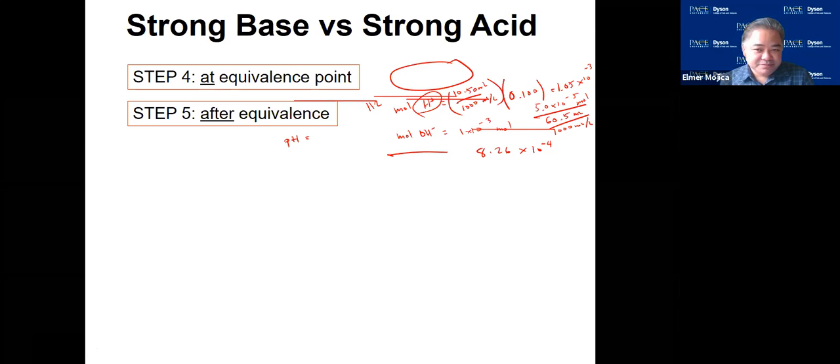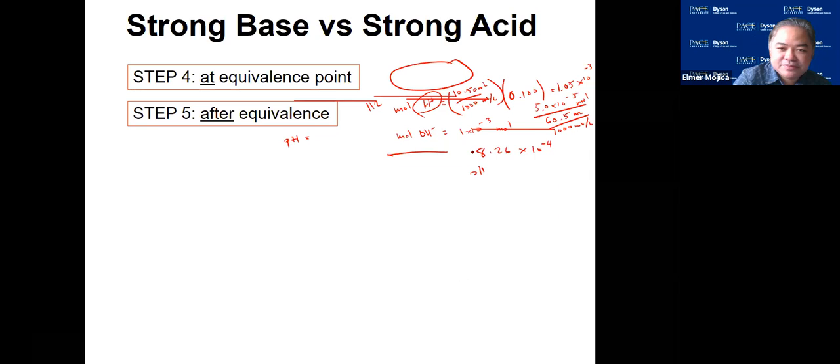Is it 7? Okay. So if you're going to get the pH of that, this is just what? pH equals to negative log of that number. So that's 3.08.